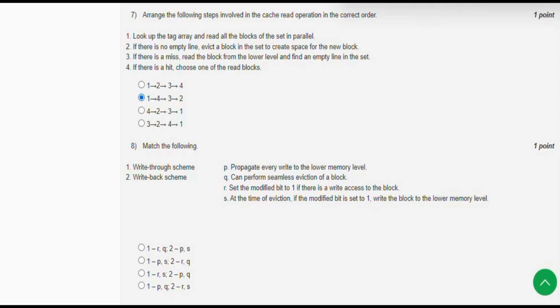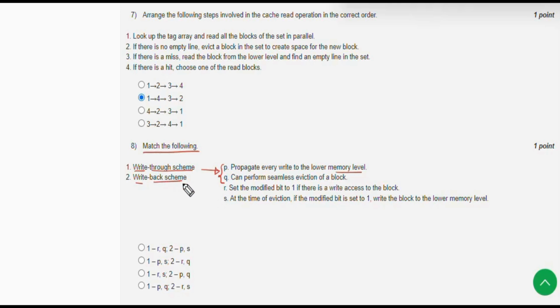Now question number 8. Match the following: write through scheme and write back scheme. Here the write through scheme will be matching with options P and Q: propagate every write to the lower memory level, and can perform seamless eviction of a block.